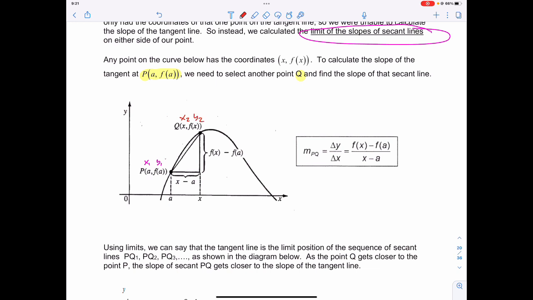So when we think of our slope formula, y2 minus y1 over x2 minus x1, we're just replacing y2, y1, x2 and x1 with f of x, f of a, x and a, but we're still calculating the change in y and the change in x. And this is finding the slope of the secant, like we see here.